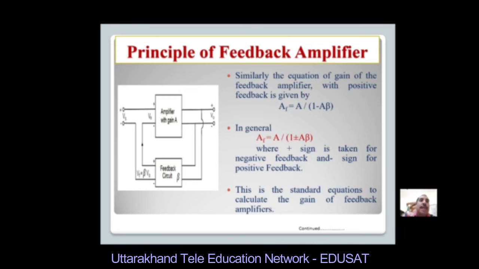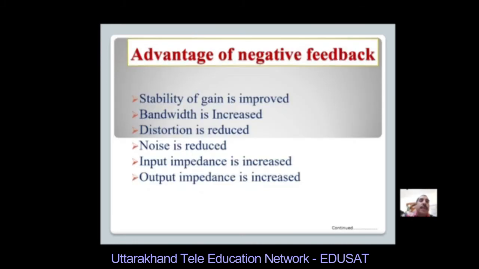So if we combine these two equations, we can write in general the gain of the amplifier with feedback equal to A upon 1 plus minus A beta, where the plus sign is taken if there is negative feedback and the minus sign is taken if there is positive feedback. This is the standard equation to calculate the gain of a feedback amplifier.